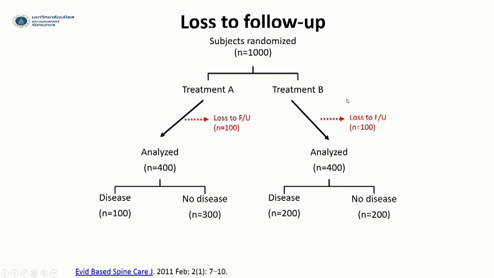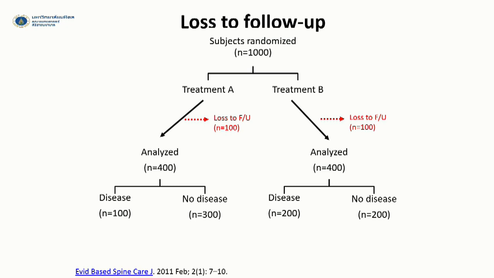As compared to treatment B on the right side, they also lost about 100 participants, unluckily. So finally they have 400 participants left in the study of treatment B. And the results show that in treatment B, about 200 participants still have the disease, and the other half recovered from the disease. What do you see from these results?